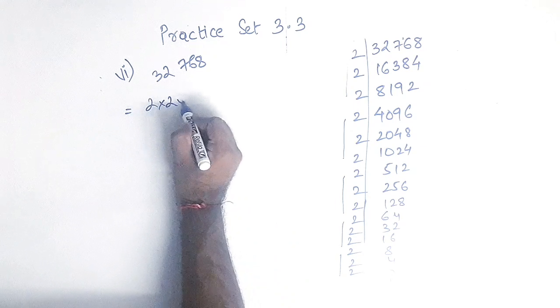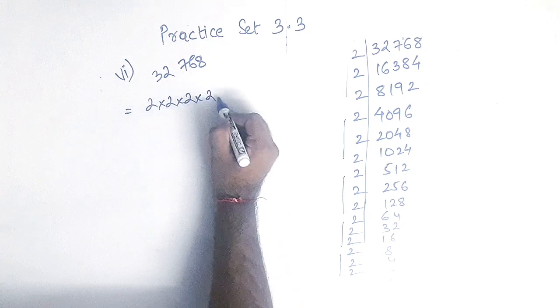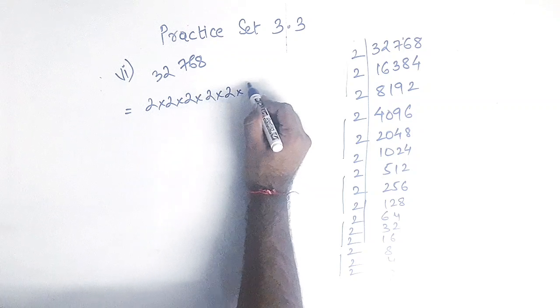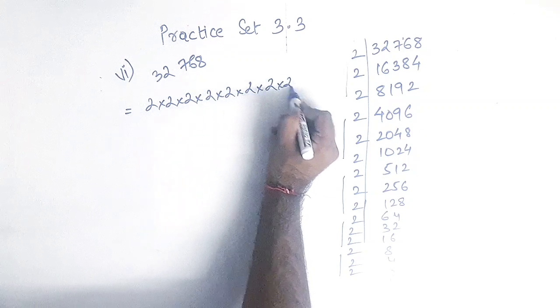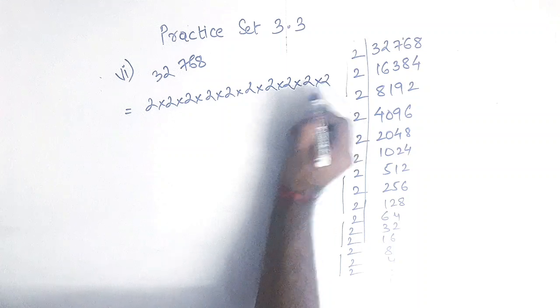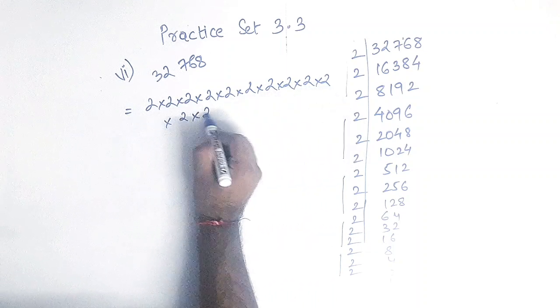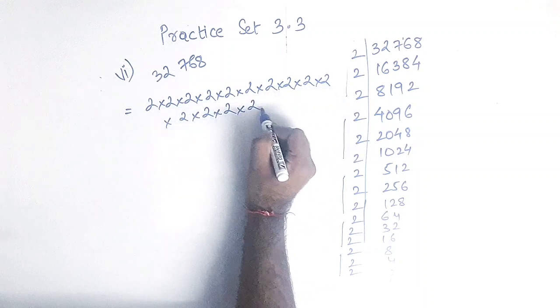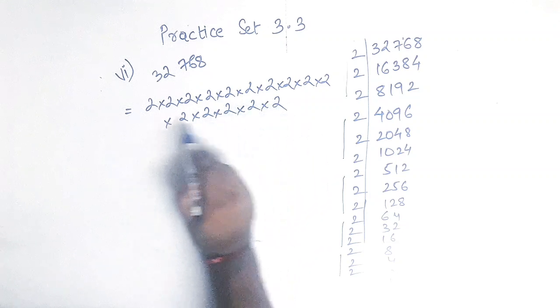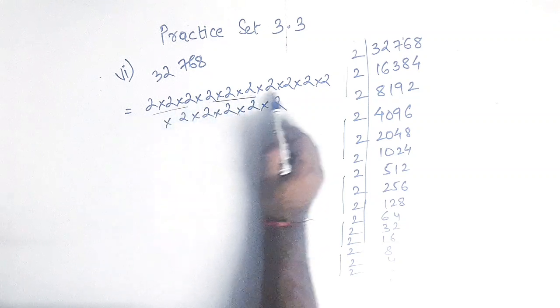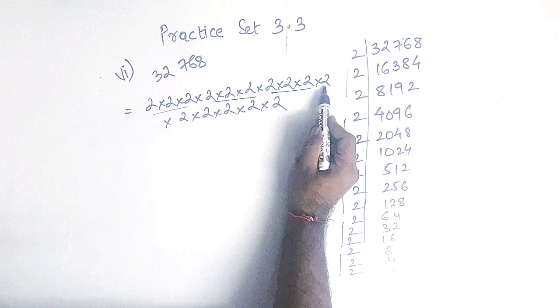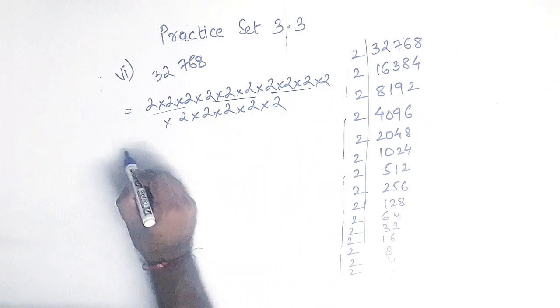So I'll write 15 2's. 1 2 3 4 5 6 7 8 9 10 11 12 13 14 15. Okay, 3 6 9 12 15.